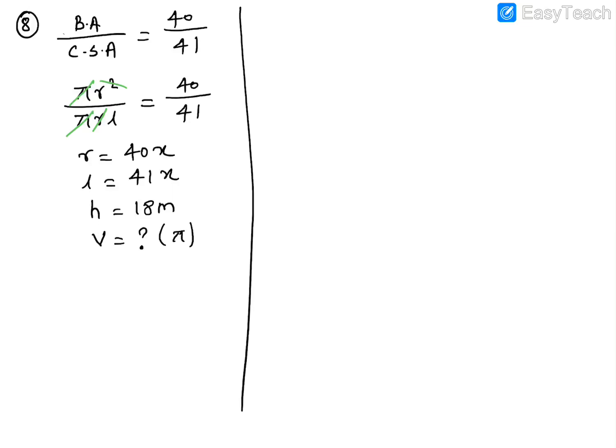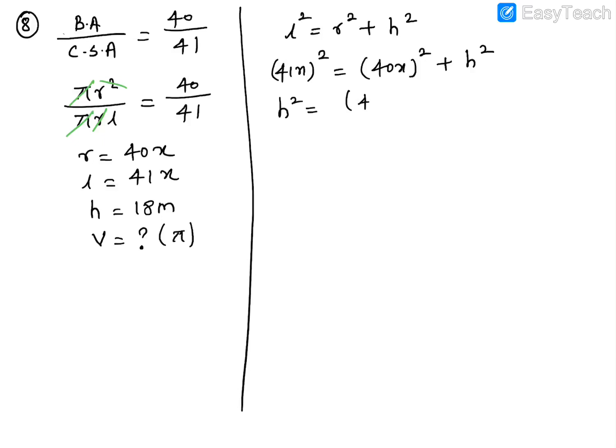Now let's start. So what is L squared is equal to R squared plus H squared. L is how much now? 41x the whole square is equal to 40x the whole square plus h square. So what is h square is equal to 41x whole square minus 40x the whole square.